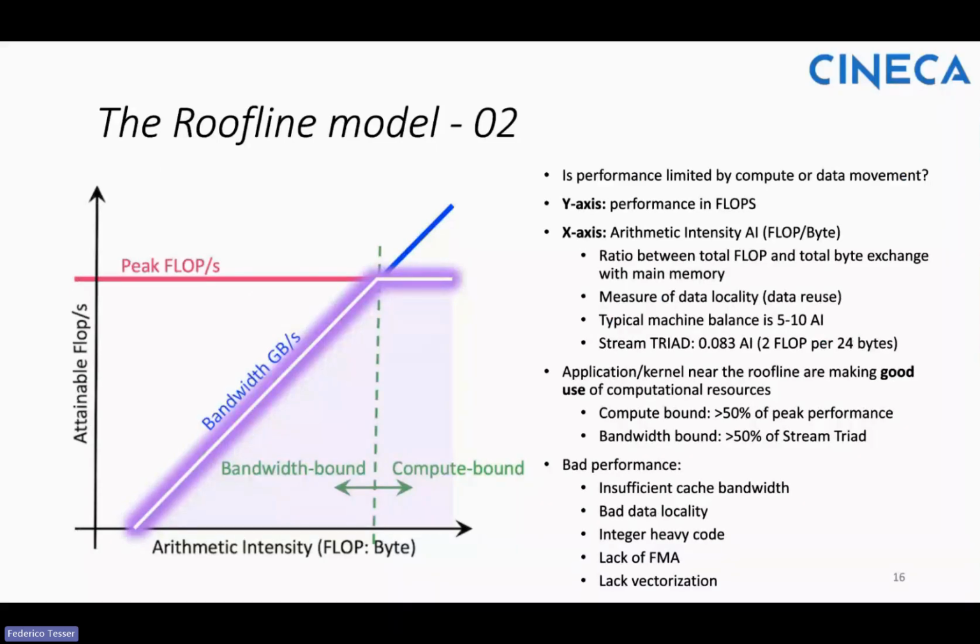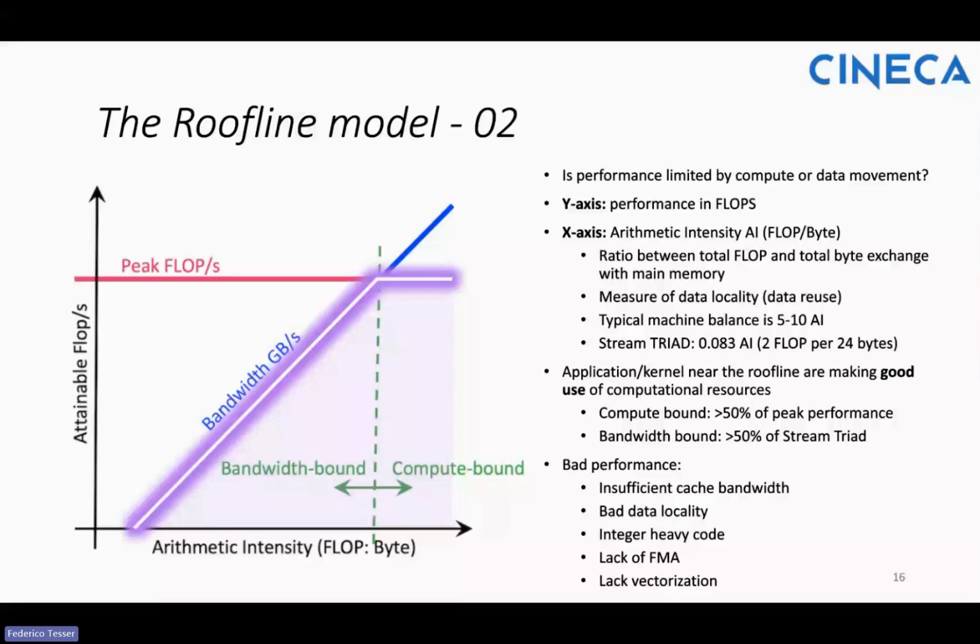Here you can see a more beautiful roofline model representation, very cool. And here we report what we already said. Application kernels near the roofline are making good use of computational resources.